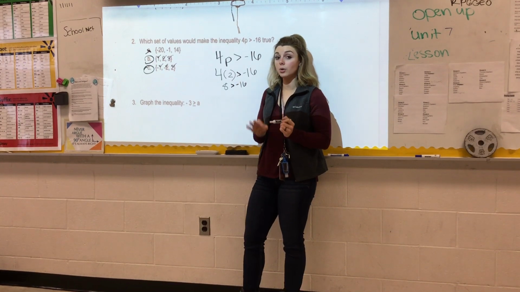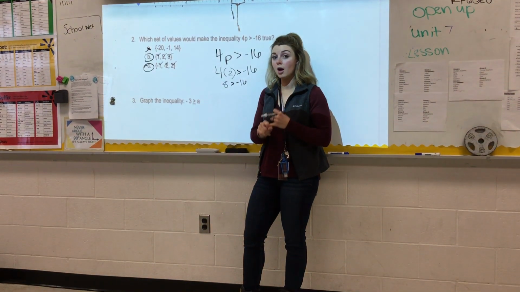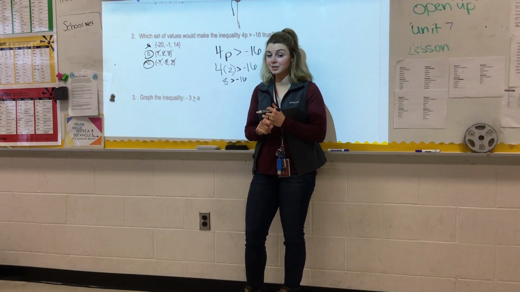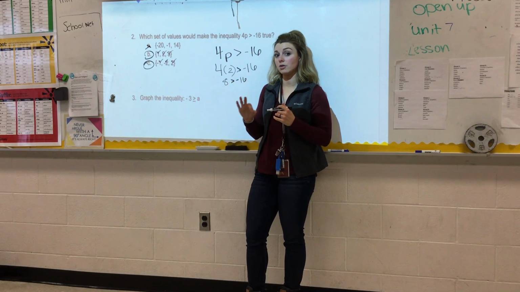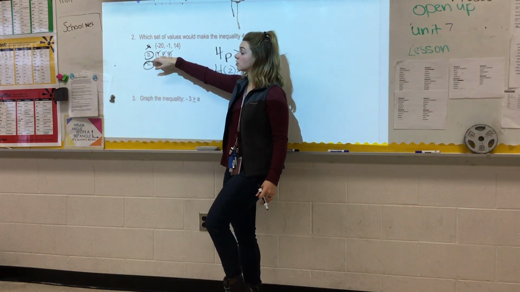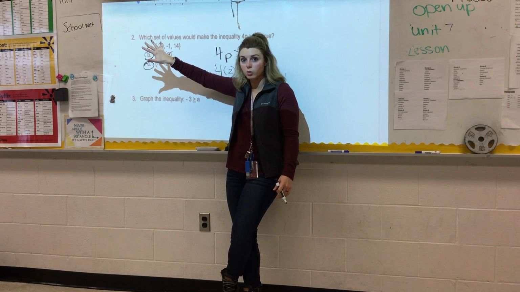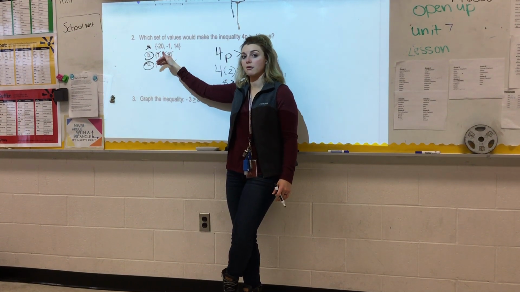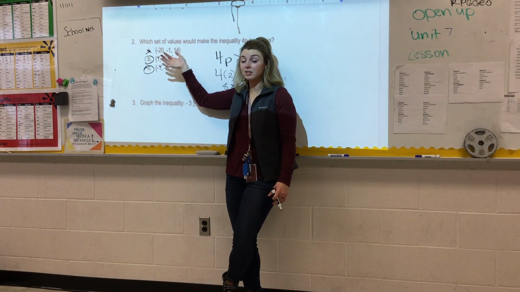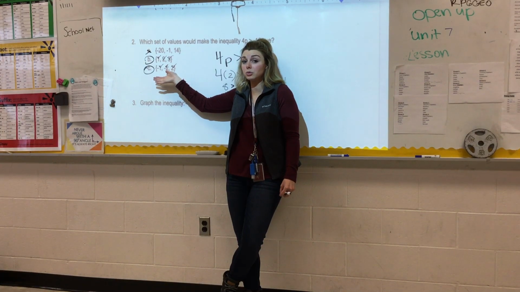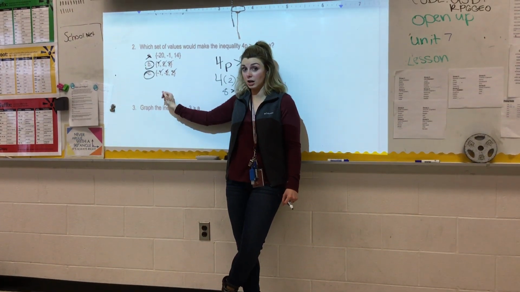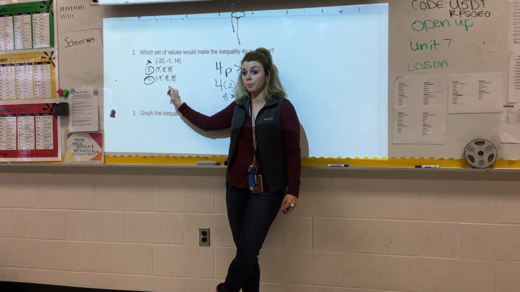So some of the questions you will have just one answer, but some of them you will not. So that's why you need to work out every single one of them, because if you had just gone, oh, B is right, I'm going to be done with B, that would have only given you half credit. Or, honestly, I'm not positive how SchoolNet grades, you may have not gotten any credit if you didn't get both of these.